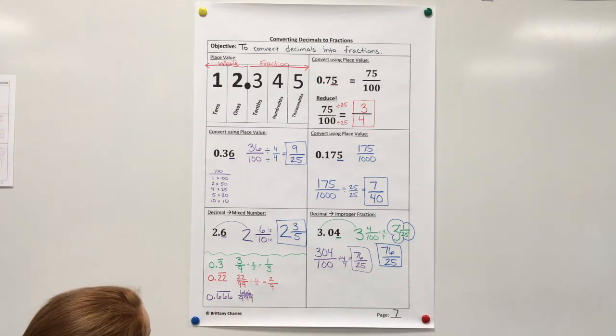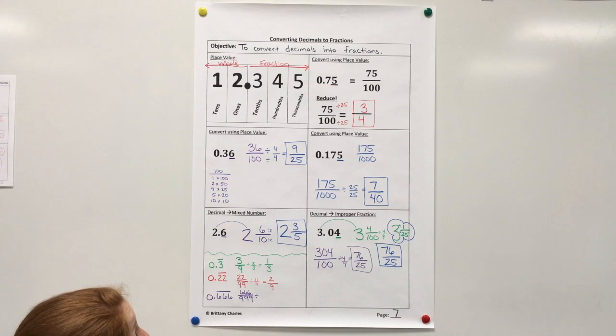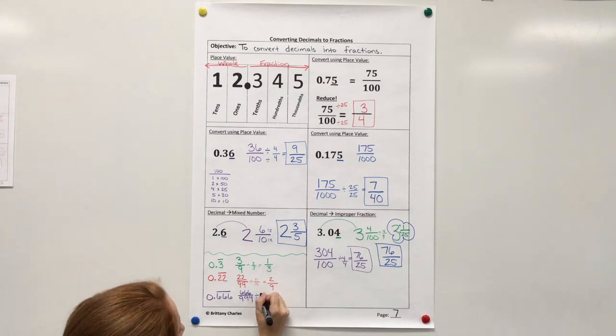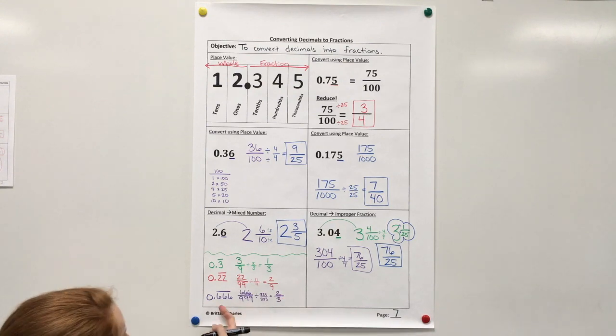And again, I could reduce from there. I could divide by 333 over 333. That would go in twice, and that would go in 3 times. So reduced, this would be the same as 2/3.